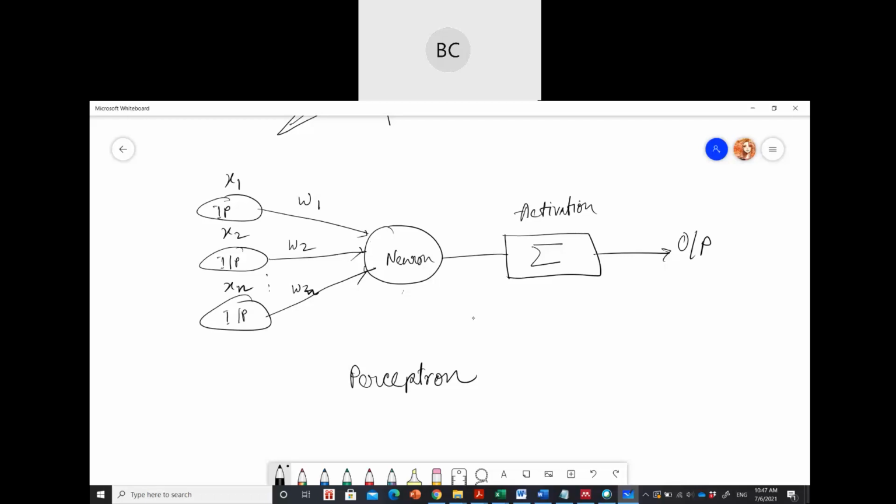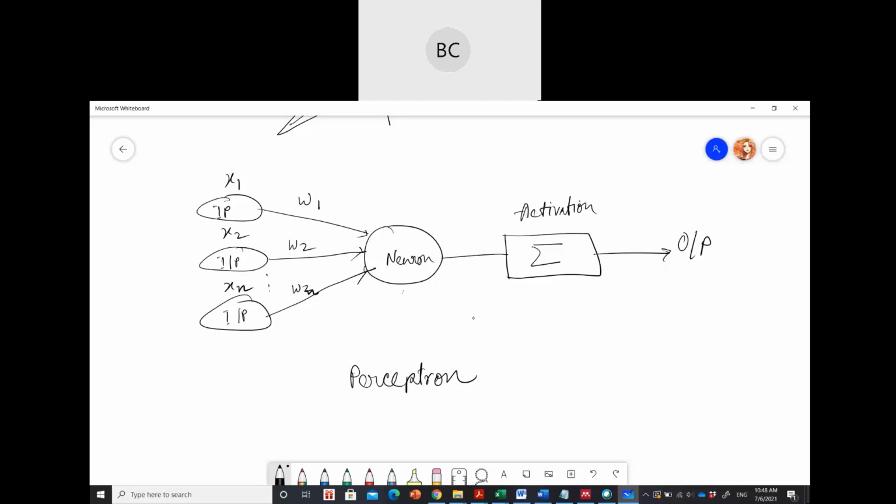You can think of these inputs as the features. You may have n number of features, and each of these features is going to have certain weights. So weights define the weightage of a particular feature, meaning how important that feature is.